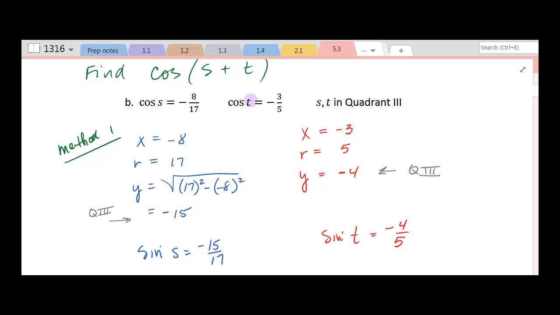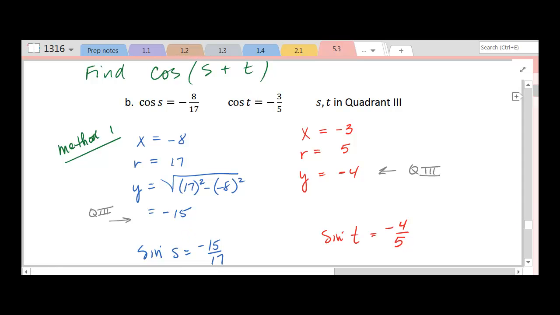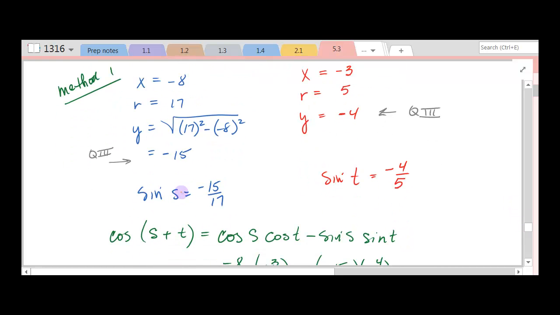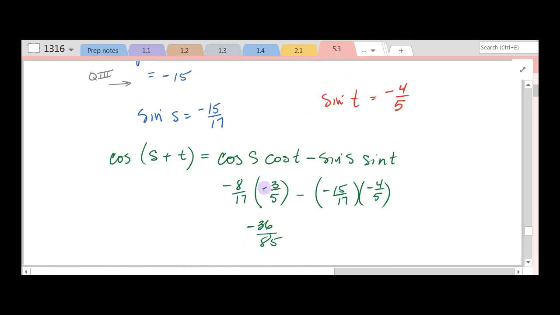Once I have that, I can again use our definition of trig functions to figure out what the sine of angle s is, which is y over r, and the sine of angle t, which is again y over r. Now that I know what all 4 components are, I can plug it into my identity and simplify. So here I have plugged it in, simplified, and you find out that it's -36 over 85.